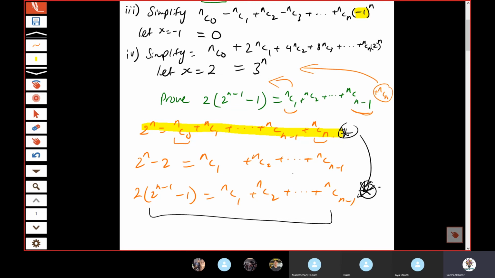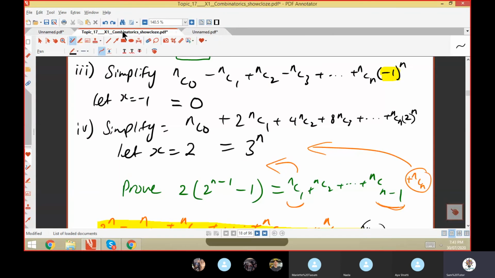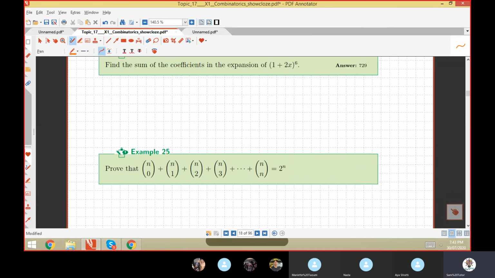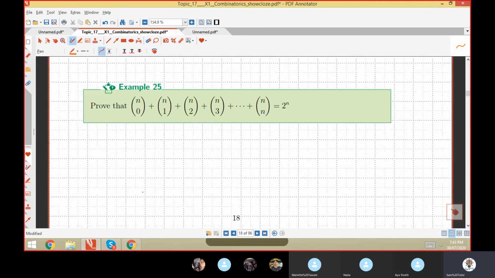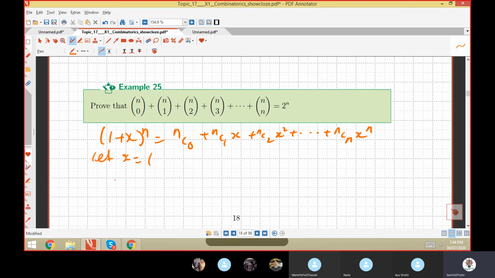Now I think we can get back to that booklet. I really needed to show you guys that today. So, like here, prove. There would be a question like that. And what you've got to know is you have to start with 1 plus x to the n. Expand, n choose 0 plus n choose 1 x plus, and so on. Then you say let x equal to 1.